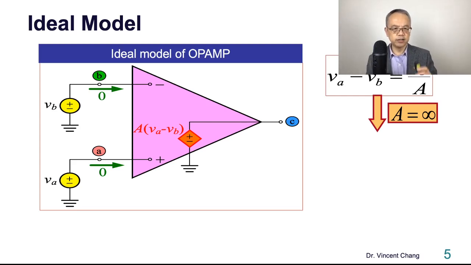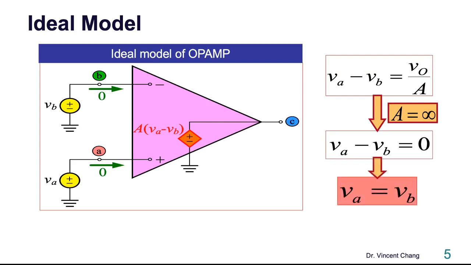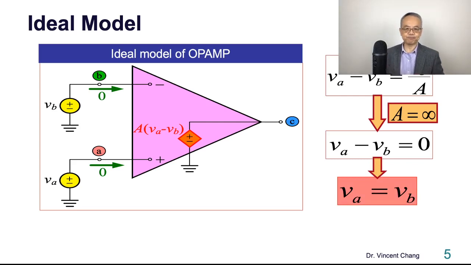So the denominator of the right-hand side is infinite, so VA minus VB should be equal to 0. So VA equals VB. What does that mean?